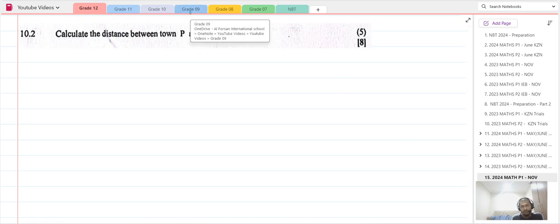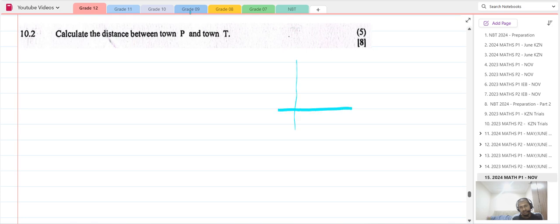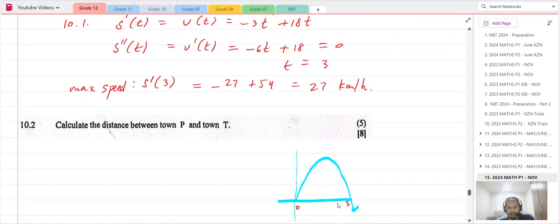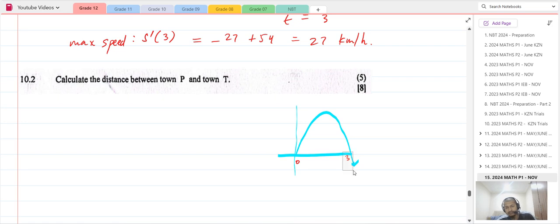We know that this function is starting from 0, it's going from 0 to 3. No, sorry. Let's look at the s prime t function: minus 3t squared plus 18t.